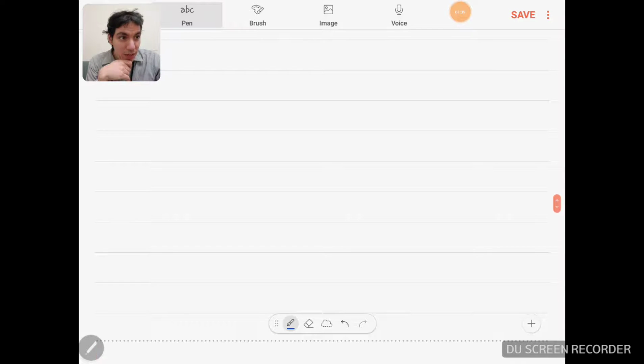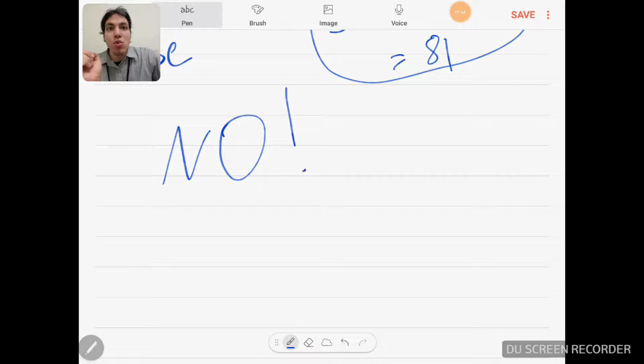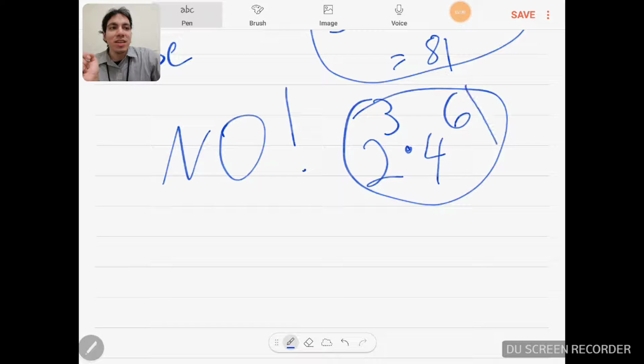So now a question could be, what happens when you have two exponents? First off, can you multiply two exponents with different bases? The answer to that question is no. For example, if I have 2 to the 3rd times 4 to the 6th, this is a big no. You can't multiply through, so you can't get 8 to the 18th.